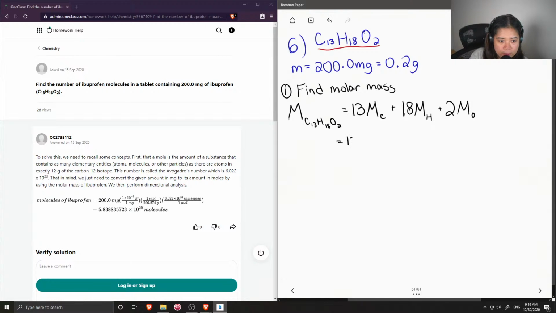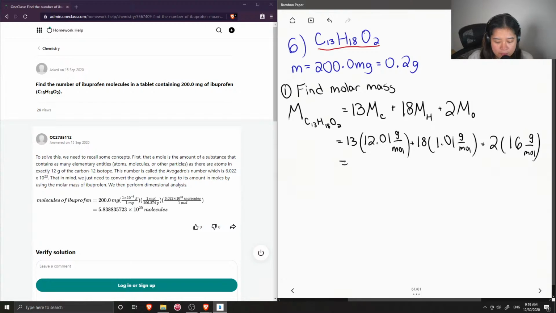Okay, so on the periodic table, you'll find that for carbon, it has an atomic mass of 12.01 grams per mole. For hydrogen, it is 1.01 grams per mole. And for oxygen, it is around 16 grams per mole.